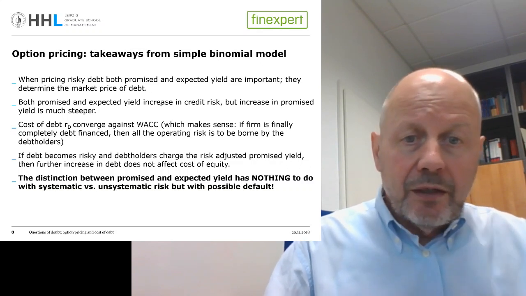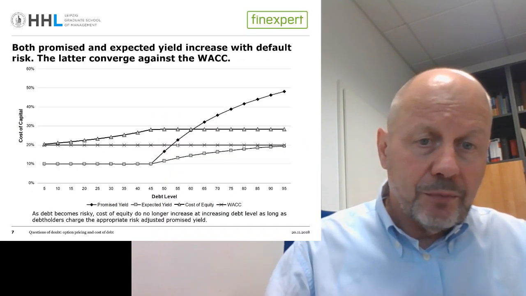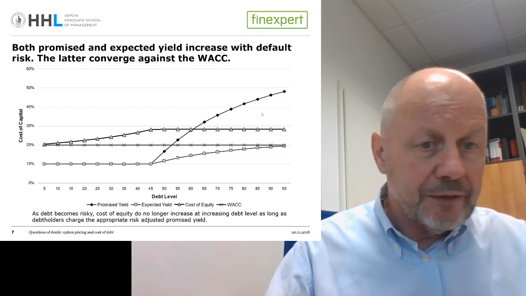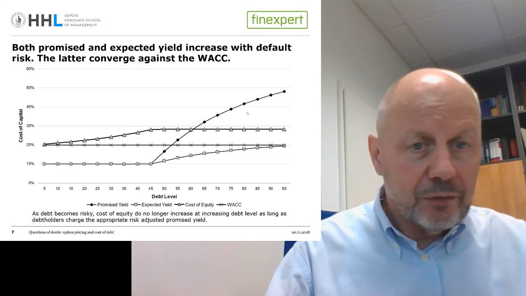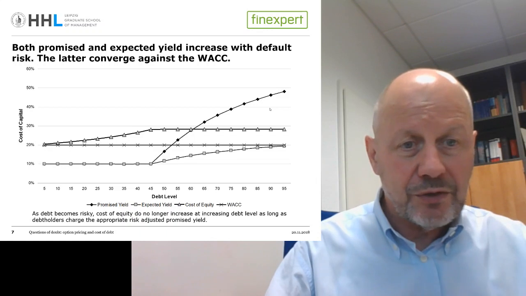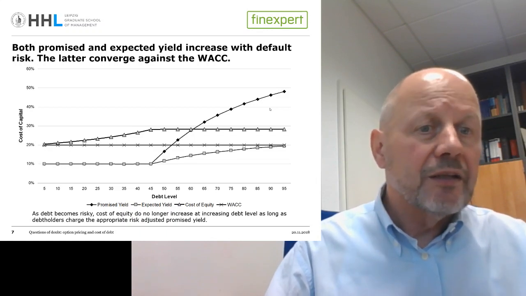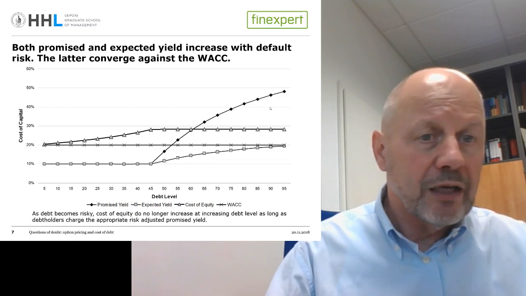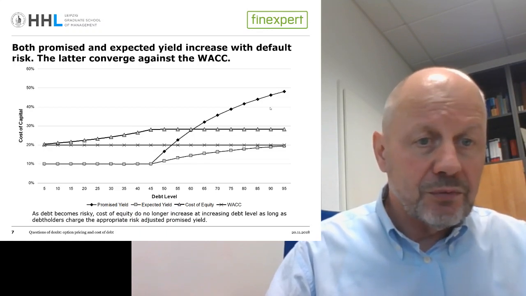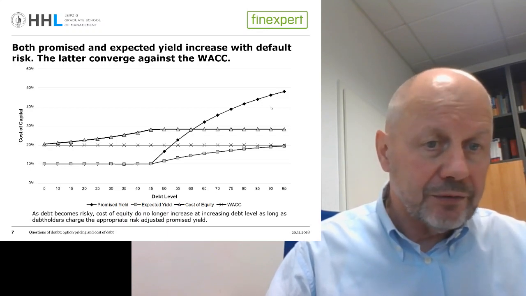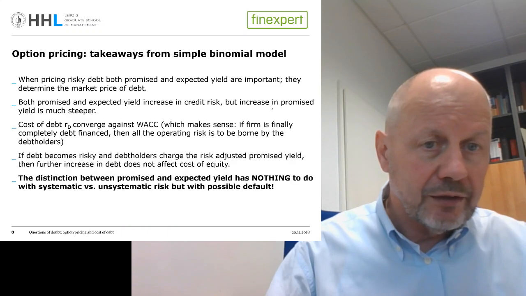The second thing is that both promised and expected rate of return are increasing in risk, but the promised yields are way more sensitive to any increase in risk, because the good state's payment has to compensate for the losses in the bad state. So you have to charge an even higher promised interest rate in the good state just to get your higher expected rate of return when taking default into account.